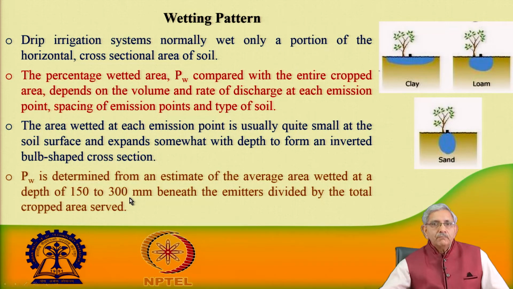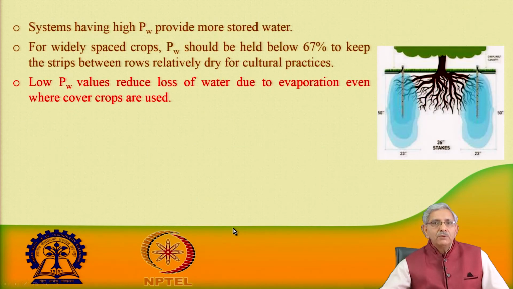So, we can see here that a system having high Pw provides more storage of water, meaning the percentage wetted area provides more storage of water.